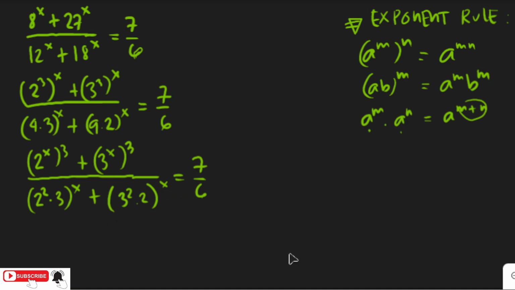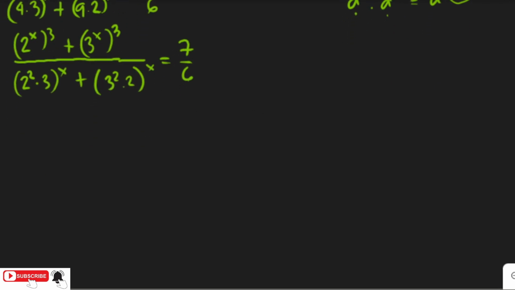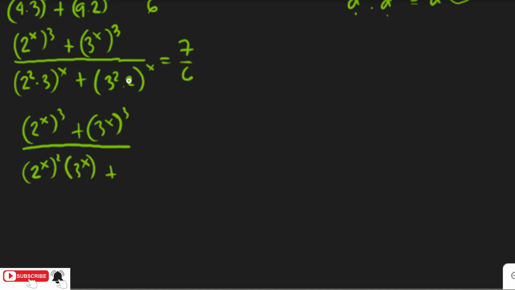So further manipulation: (2^x)^3 plus (3^x)^3, divided by (2^x)^2 from the product rule, times 3^x, plus, you have to distribute the x, so 3^x squared times 2^x, all equal to 7/6.